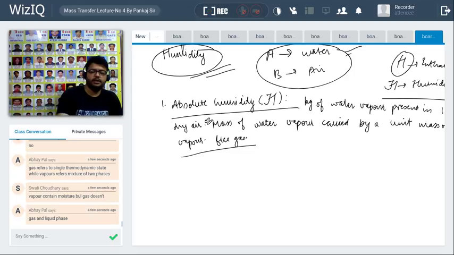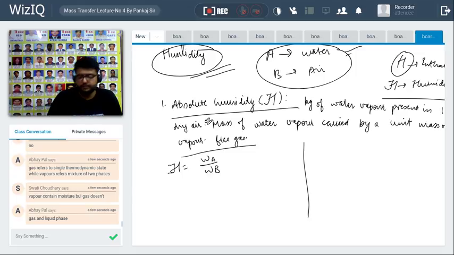So mathematically it is equal to what? H is equal to WA upon WB, where WA is the mass of water and WB is the mass of air.